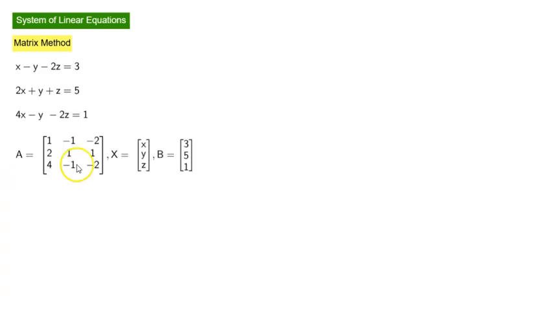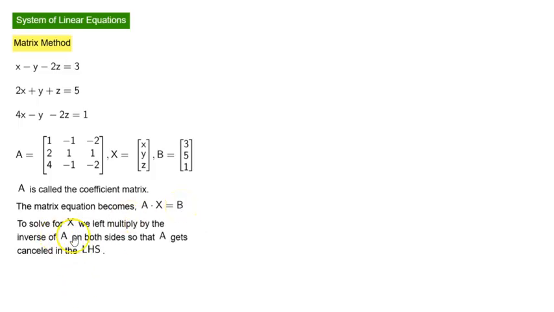Now here, A is equal to the coefficients of these variables. X is the matrix which has the variables and B is the matrix which contains the constants. A is called the coefficient matrix. The matrix equation becomes A times x equal to B.